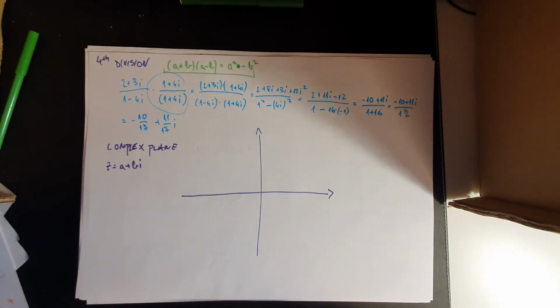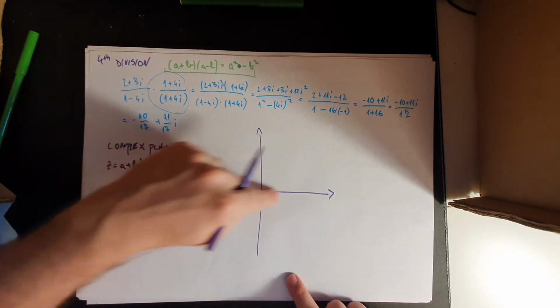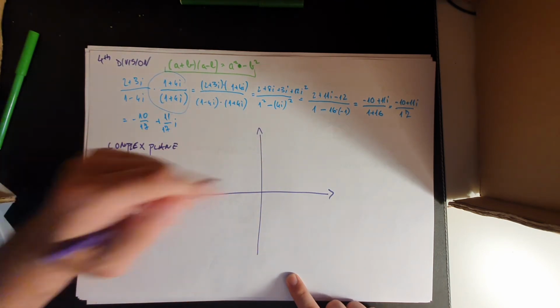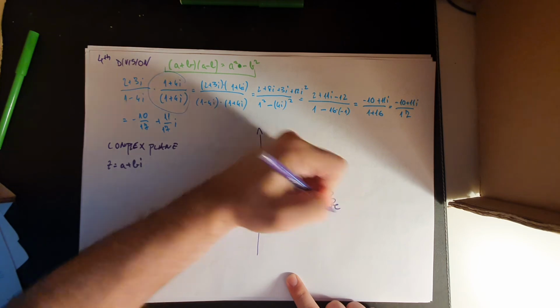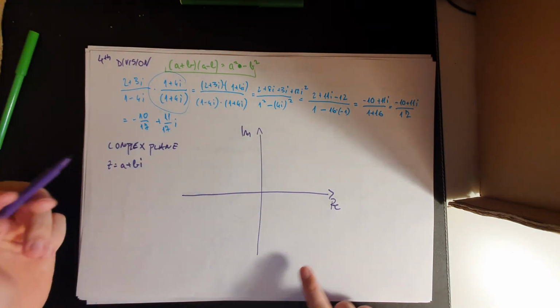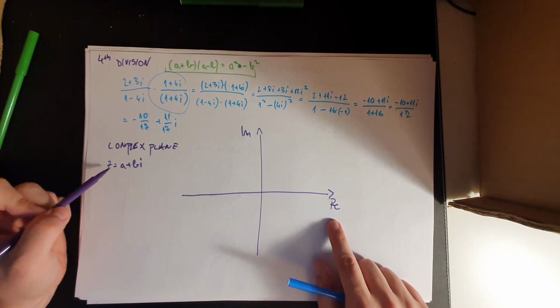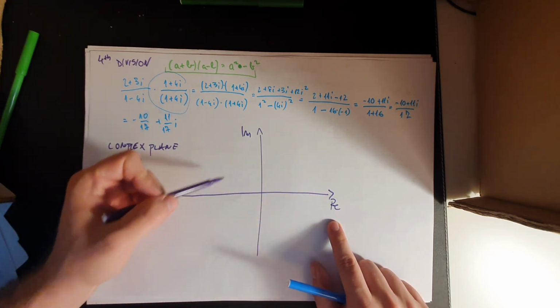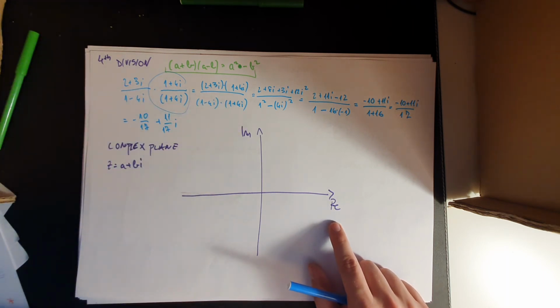Unlike the coordinate system where this would be the x-axis and this would be the y-axis, these axes are going to be called the real and imaginary axis, which means that the real part of the number, or A, is going to be on the real axis. Imaginary is going to be on the imaginary axis.